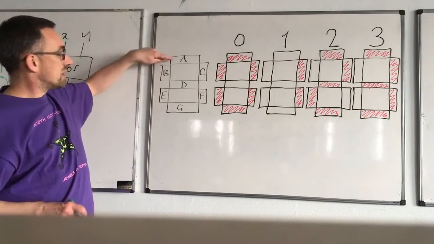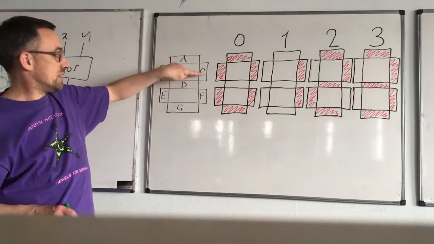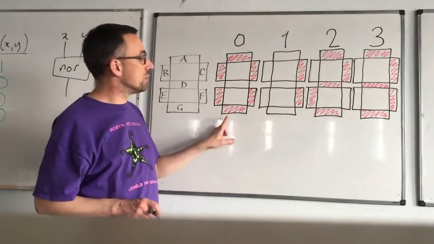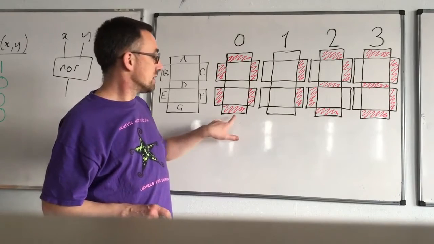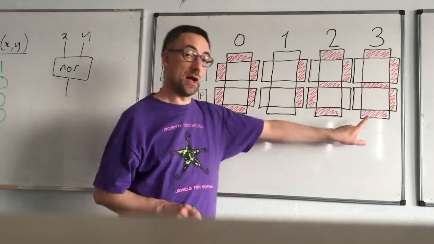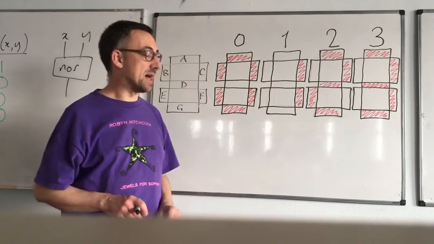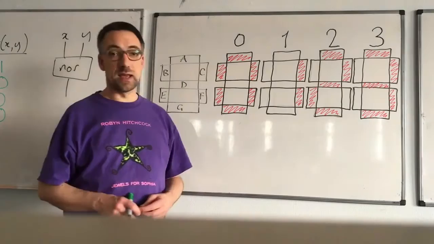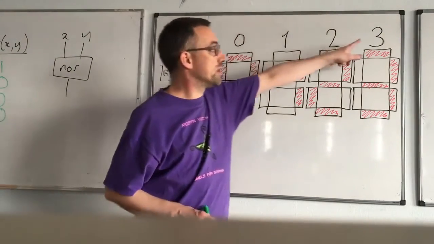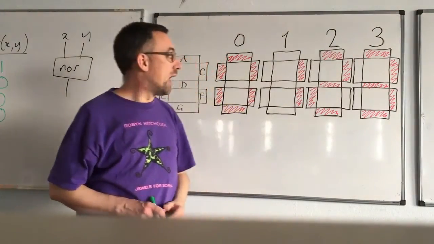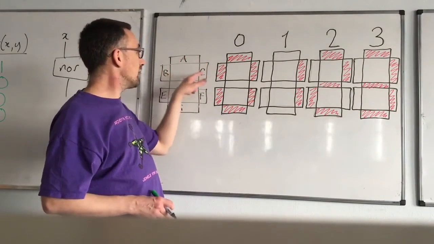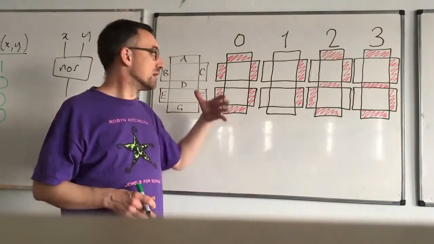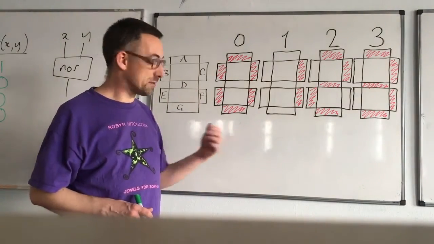So here I've called the 7 segments A, B, C, D, E, F and G, and I've given you the display patterns for the numbers 0, 1, 2 and 3. Our task is to take a 2-bit signal representing a number in the range 0 to 3 as a binary number and explain how to control each segment of the display so that when we send in the binary signal for 0, the display shows 0 and so on.